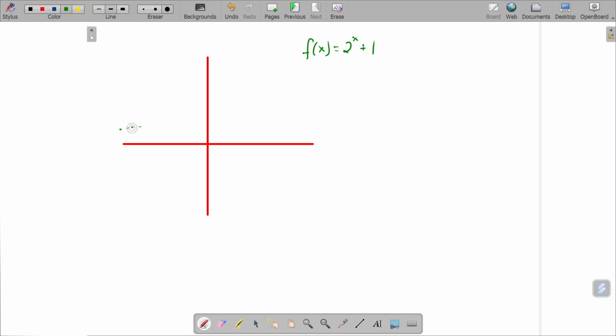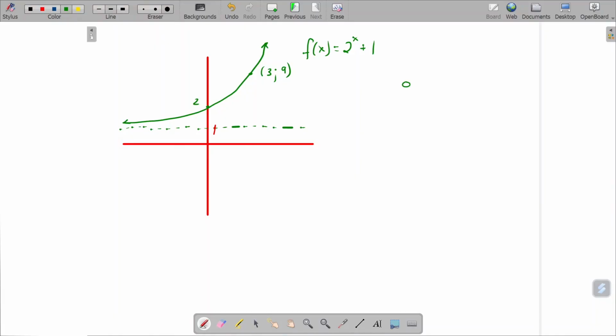We know it's going to have an asymptote sitting over here at 1. And we know it's going to be an exponential function, so it's going to do something along these lines. Let's put it in a different color to make it a little clearer. Because we know this is at 1, we know that this point here will be at 2, and let's pick another point here. Let's choose the point 3 and 9.